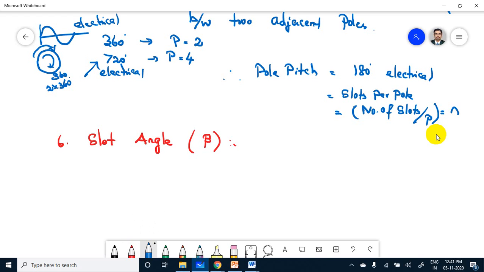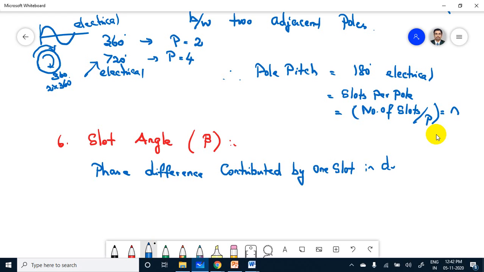Slot angle means the phase difference contributed by one slot, where omega naught is the fundamental frequency and T is the fundamental period. Omega naught is equal to 2 pi by T. The phase difference contributed by one slot in degrees electrical.